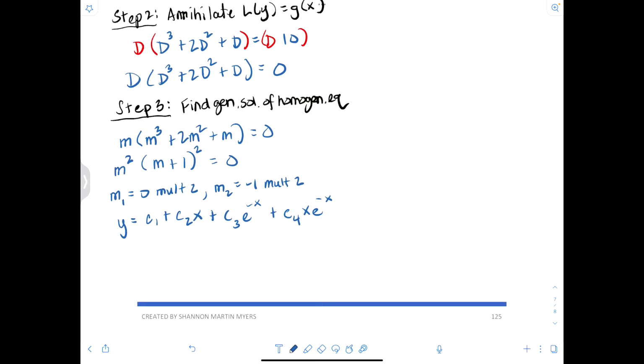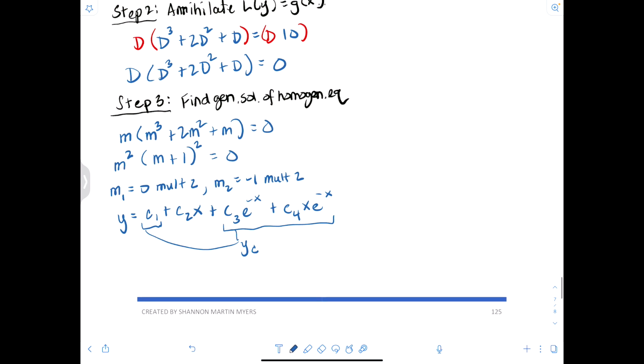So we had already gotten, let's see, the c1 and these two terms. Those are from the yc. So the c2 times x would be the yp. Cool so far?